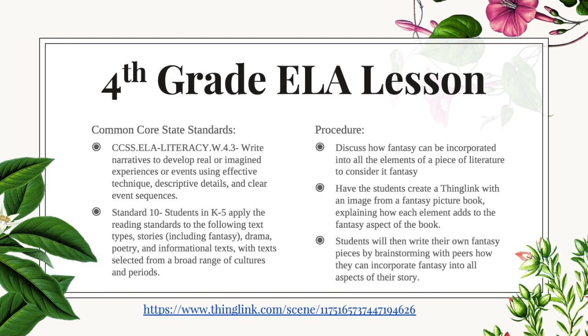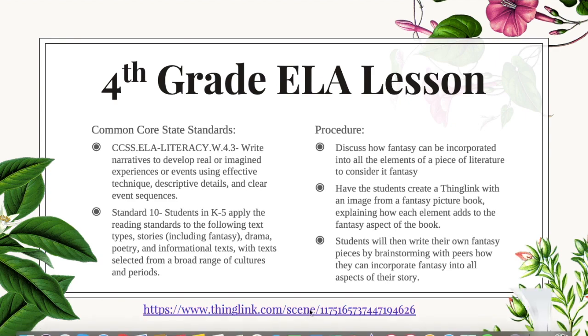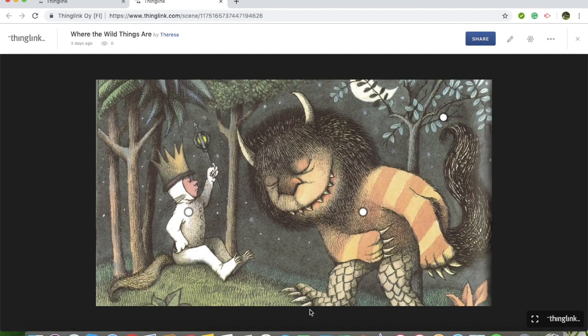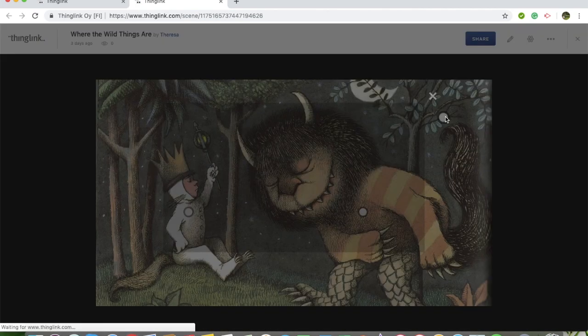The students would use an image from a fantasy picture book or chapter book as the background, and then meaningfully place buttons on their Thinglink to correspond with the story elements. On each button, the students would add their rationale for how this element of the story adds to the fantasy of the story. Here is an example of a Thinglink that could be created using an image from Where the Wild Things Are.